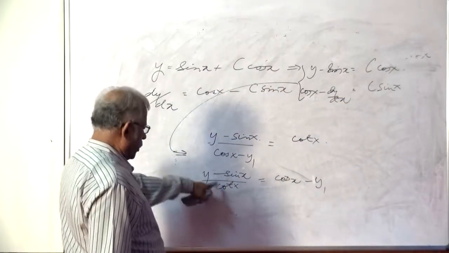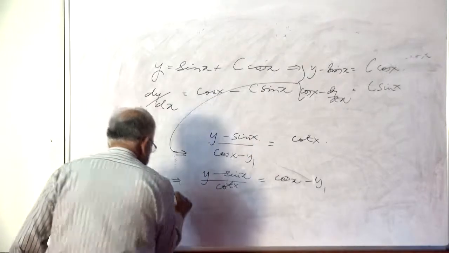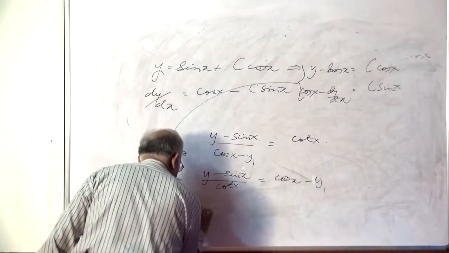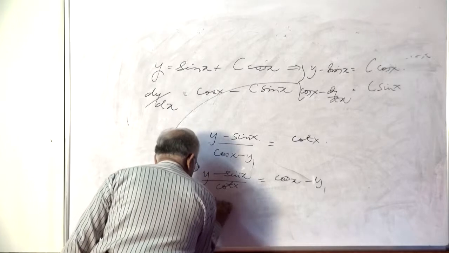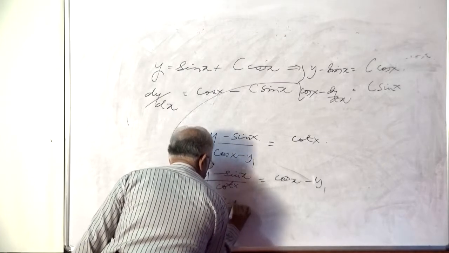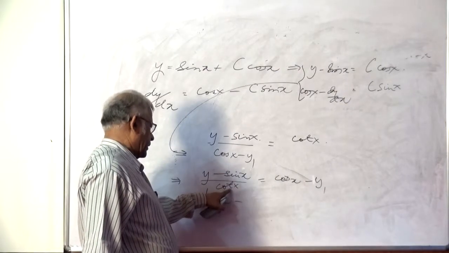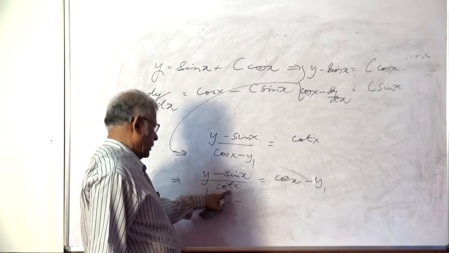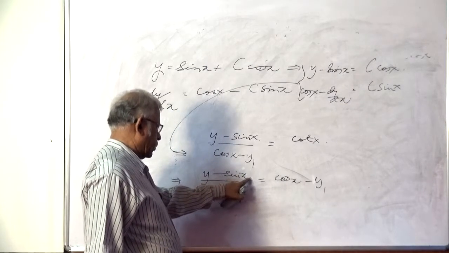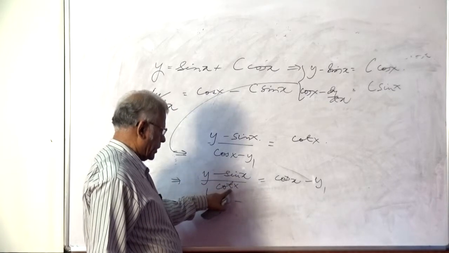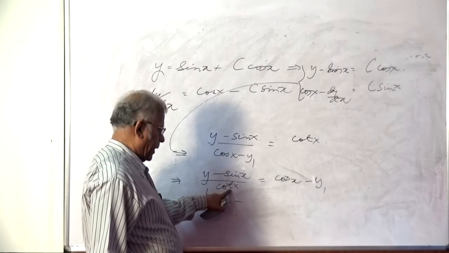Now, y over cot x is y tan x. Minus sin x over cot x, let's see.